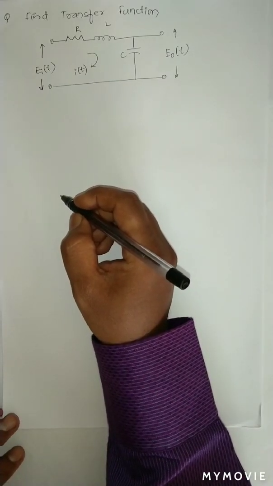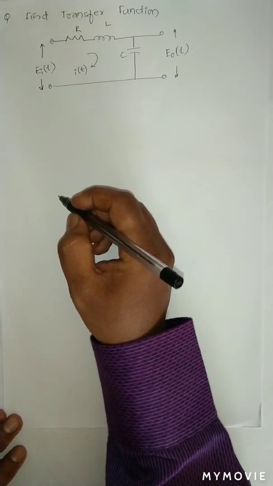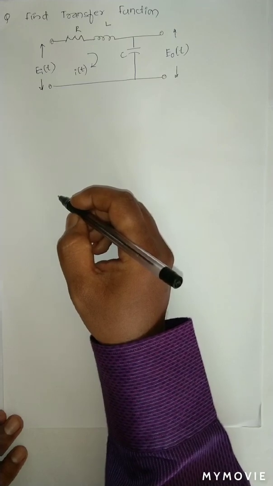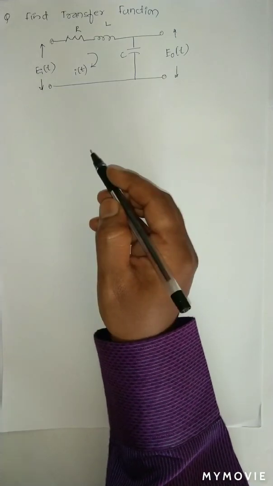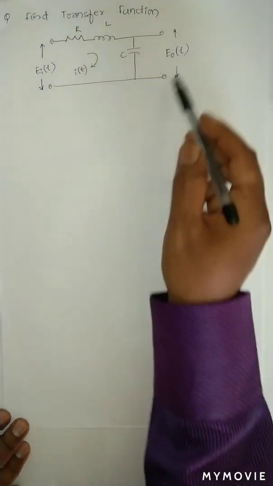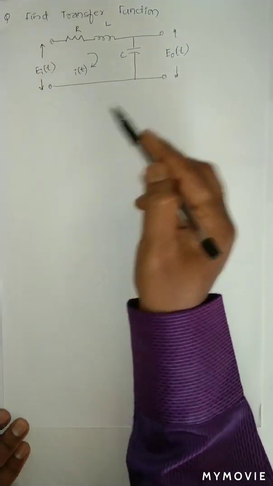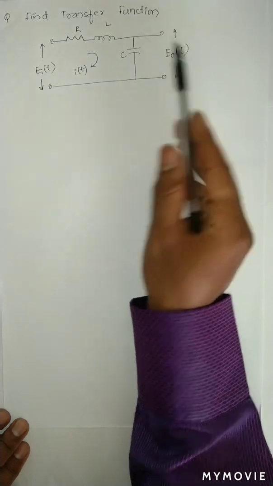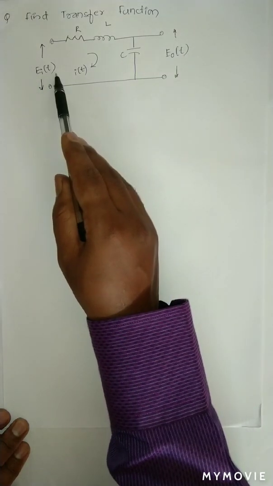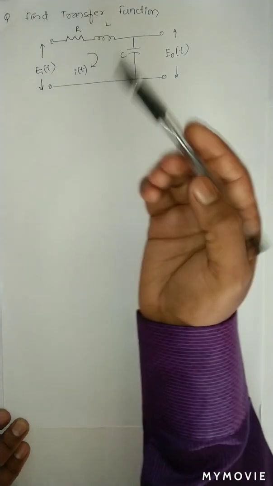Today we are going to discuss another problem of control system, that is finding transfer function. So this is a given electrical circuit. We need to find the transfer function E naught of S divided by EI of S, that is output by input, right?